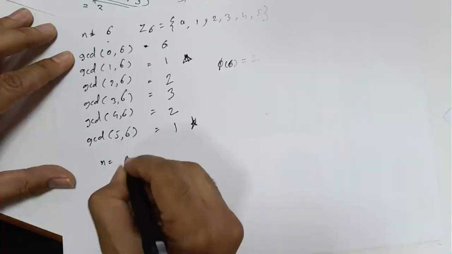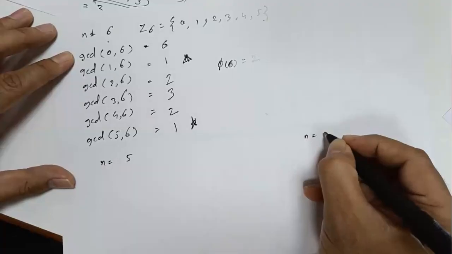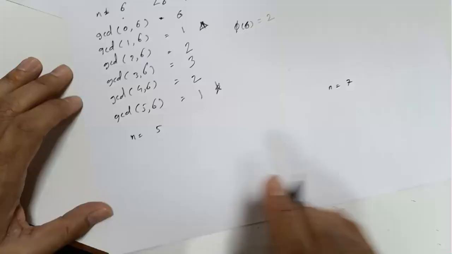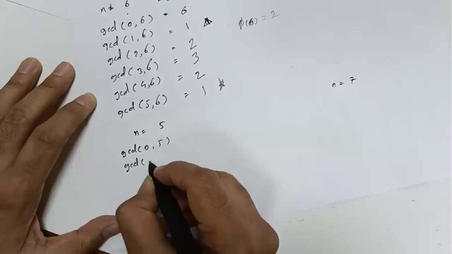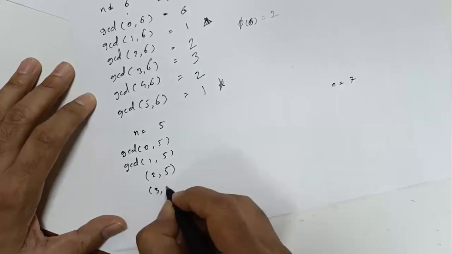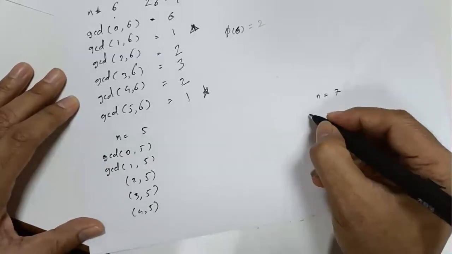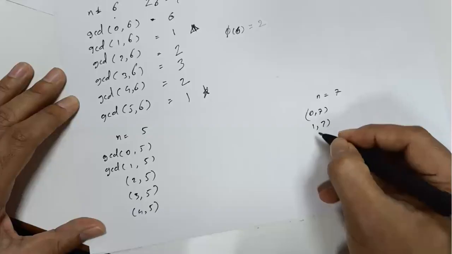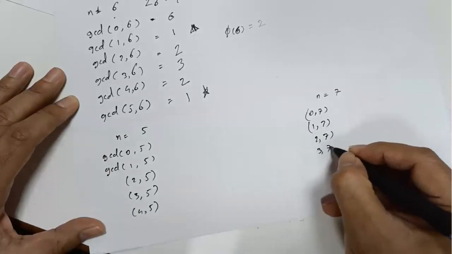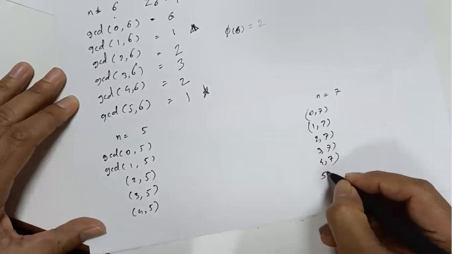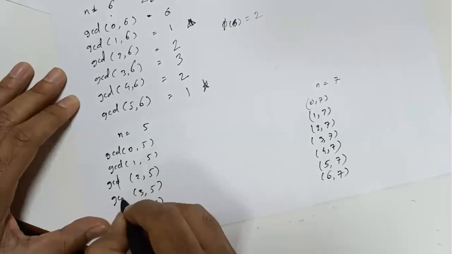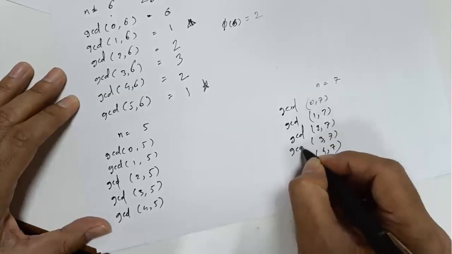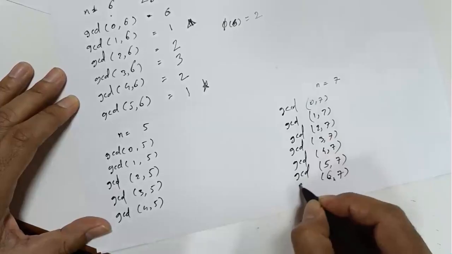One is n equal to 5 and the other one is n equal to 7. I hope you're calculating.